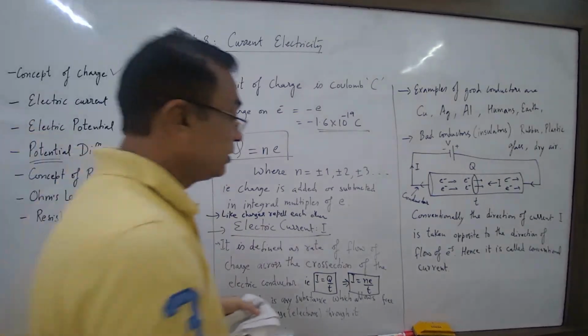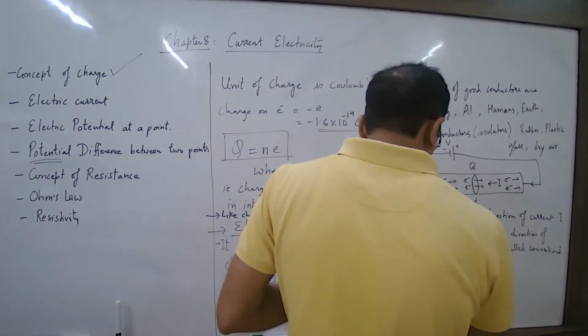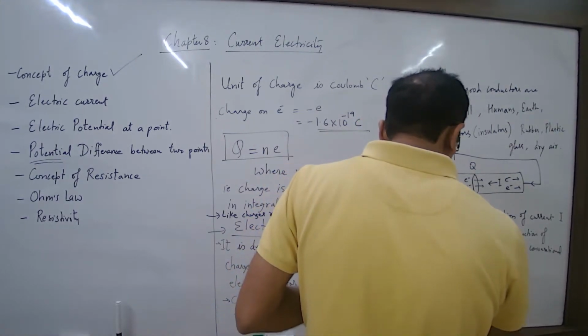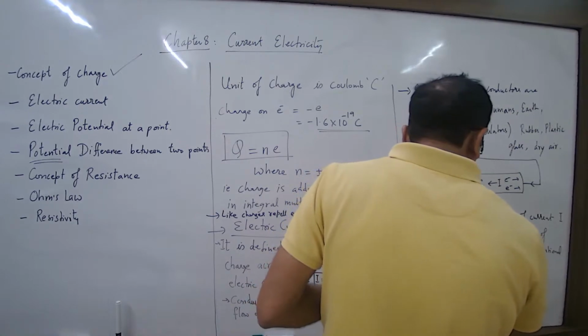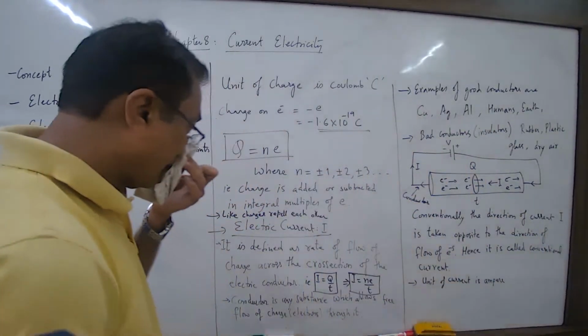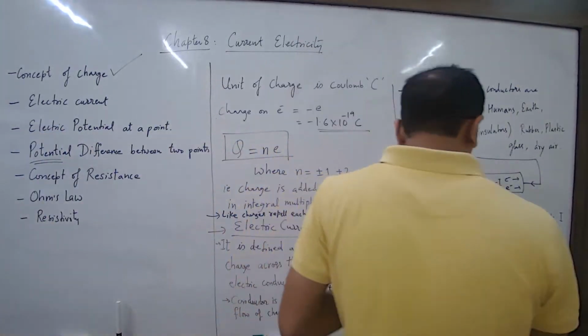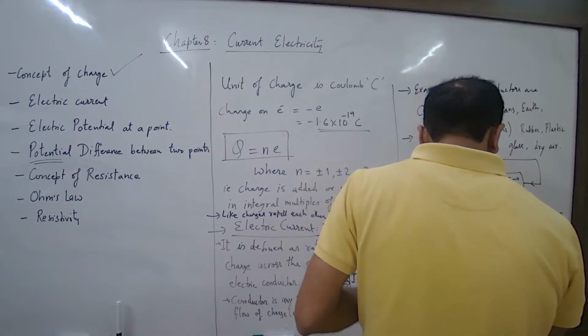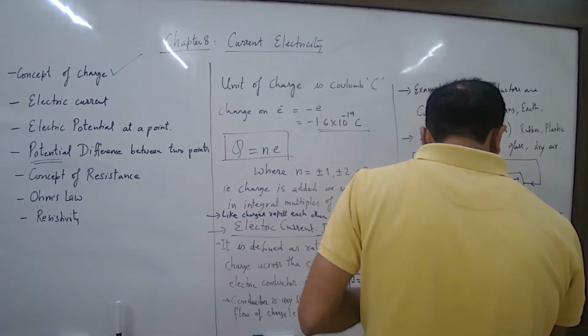Now what is the unit of current? The unit of current is ampere. So what is 1 ampere? 1 coulomb per 1 second.